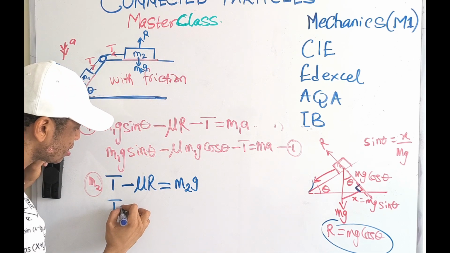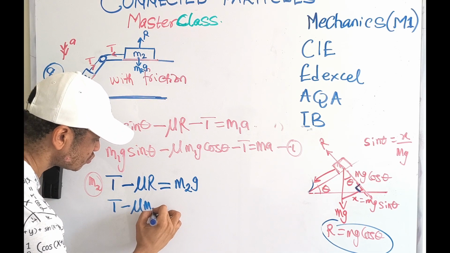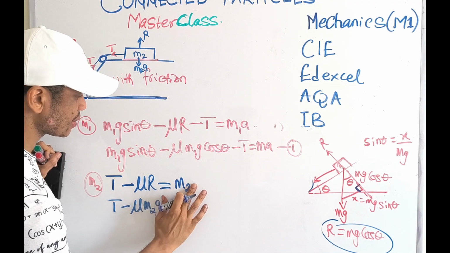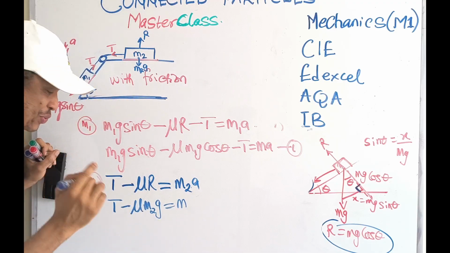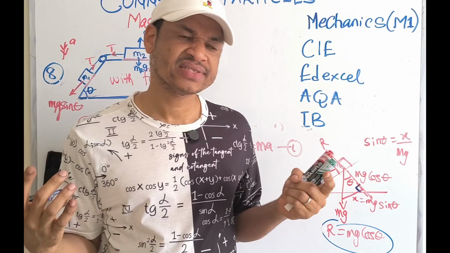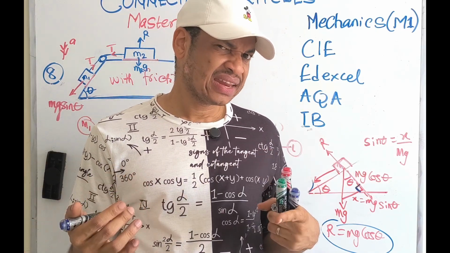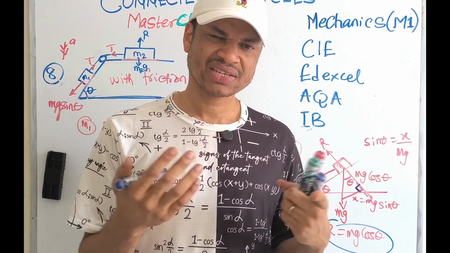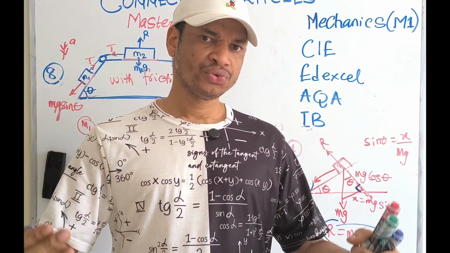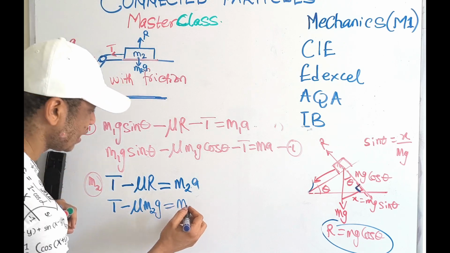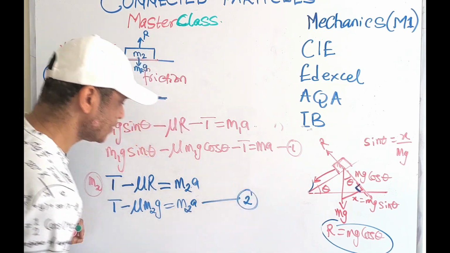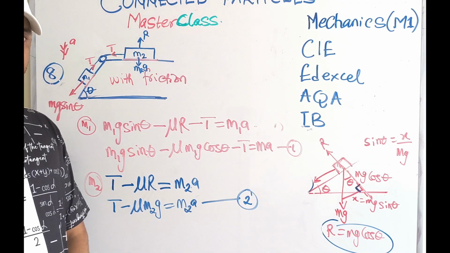So T minus mu m2g is equal to m2a. So always check your working. Even I can make mistakes, but the beauty about solving math is, even if you make a mistake like this, when the idea is there, you don't lose maximum marks. You lose marks for the answer and that step. Other things, they will do carry forward. So this is my final equation.